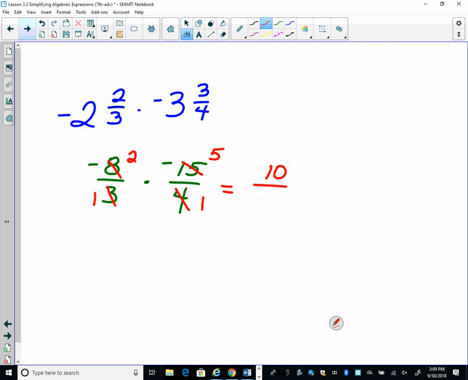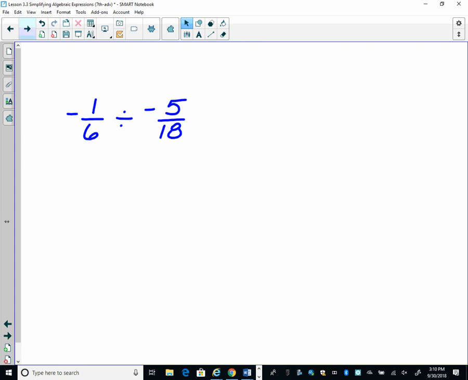Multiply your denominators. 1 times 1 is 1. Look at your signs. Negative times a negative is a positive. We're not done yet. If you notice, we have 10 over 1. Well, that's not simplified. 10 divided by 1 is just simply 10. So positive 10 should be our final answer.